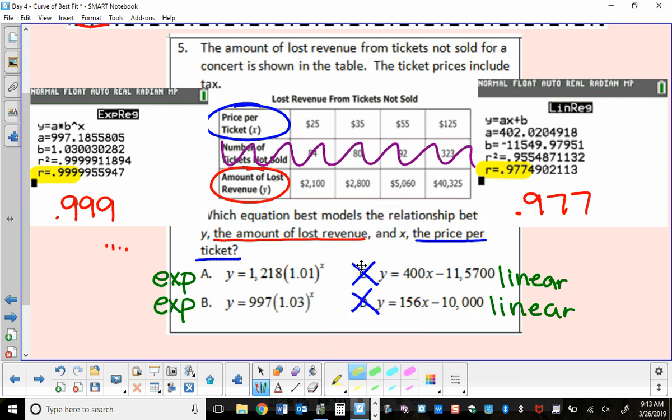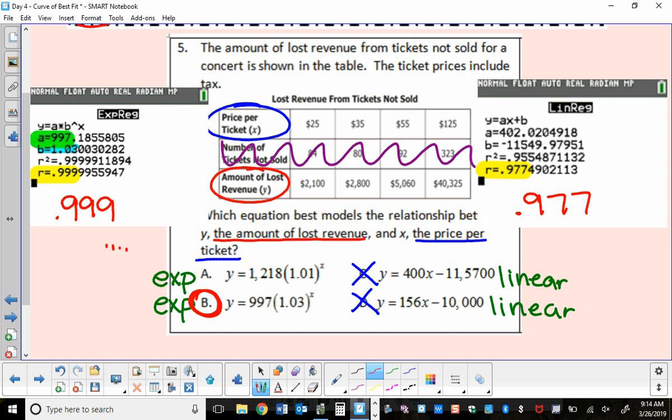Now that we know it's exponential, stay looking at your calculator screen. I need my A to be 997 and my B to be 1.03. Which answer would that match? A or B? It matches B. And that's my answer.